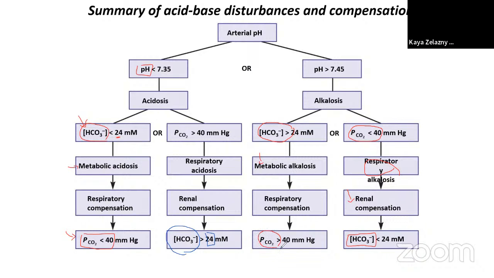So we'll end up with higher levels of carbon dioxide to match those higher levels of bicarbonate. Again, keeping that 20-to-1 bicarbonate to carbon dioxide ratio in check. So that's how you use this chart. I recommend studying with this a little bit, and we'll come back and ask some questions about this when we review as well.